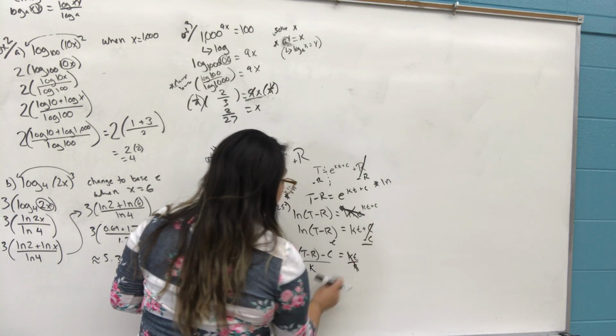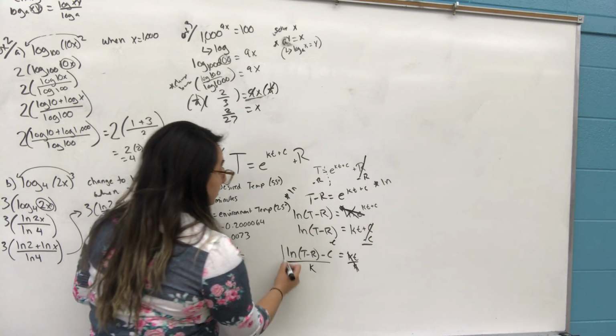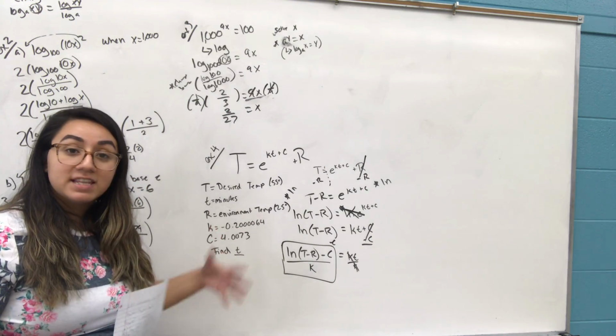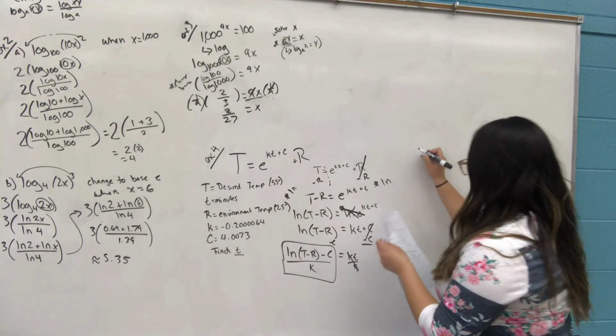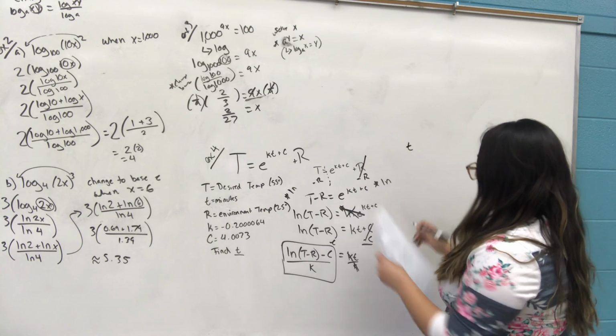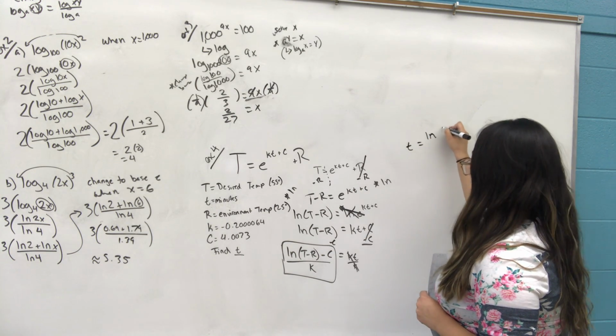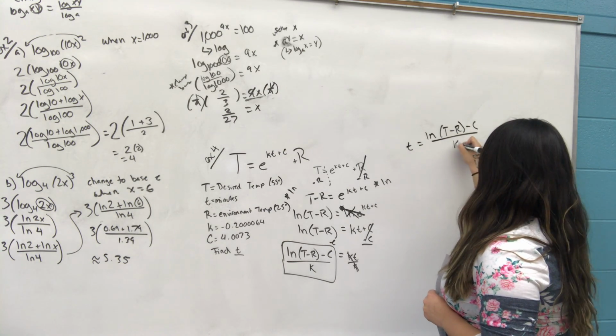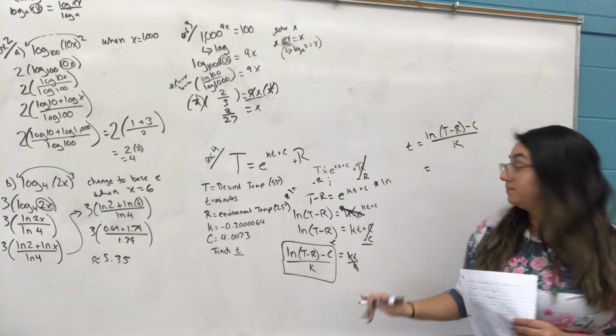So then my t is equal to this equation right here. But now I have to go ahead and plug in everything that I know. t is equal to the natural log of capital T minus R minus c, over k. I have everything I need.